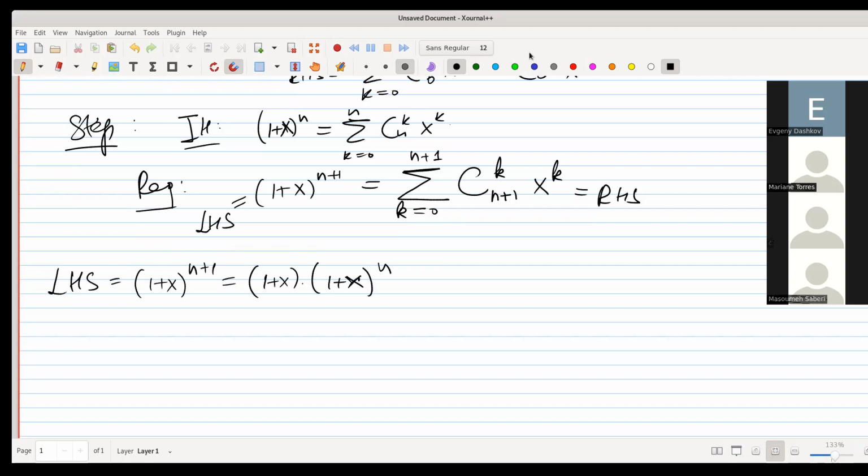And here we have the only place in this proof where we are going to apply our inductive hypothesis. So we obtain (1 plus x) multiplied by this sum. This is by the inductive hypothesis. Do you agree?